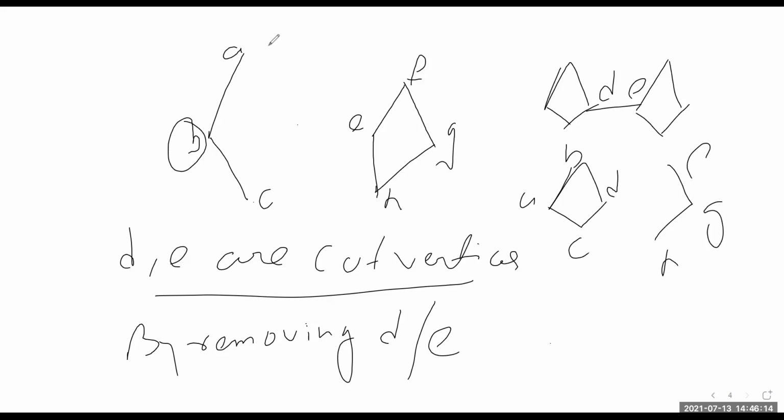If we remove E, the cut vertex, then this will be the resultant. So this is your two segments.